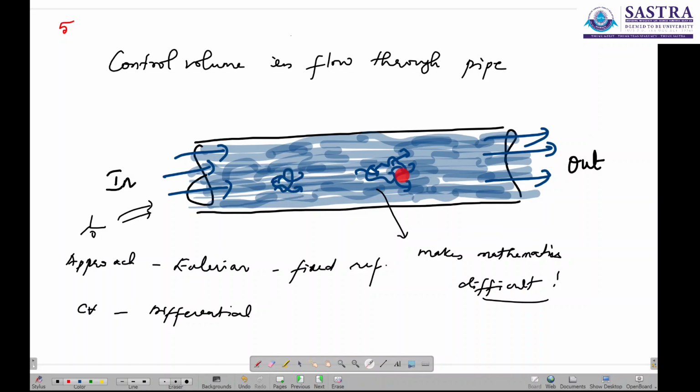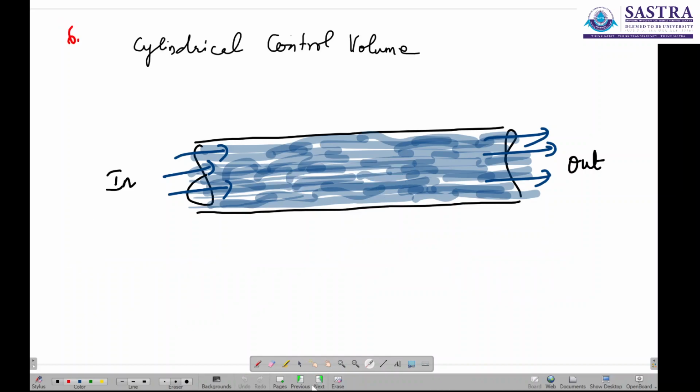But if you take a very arbitrary shape and try to describe the flow, the mathematics becomes difficult. So we necessarily want to take a control volume which helps us to do the mathematics. It is with this perspective that we want to take a regular control volume.